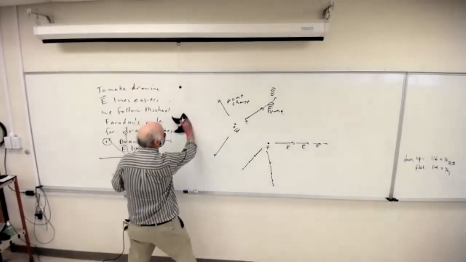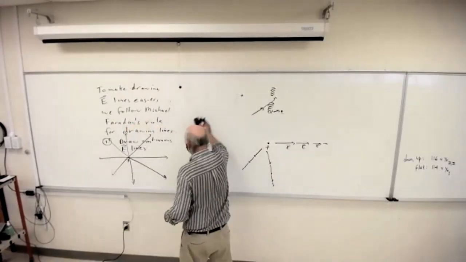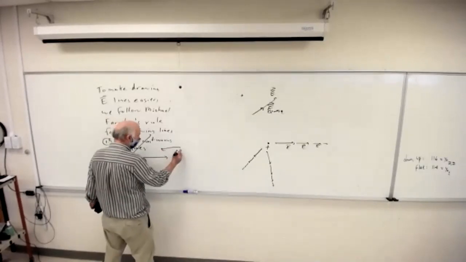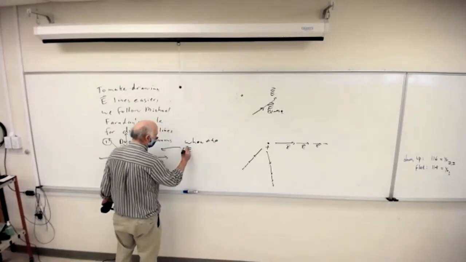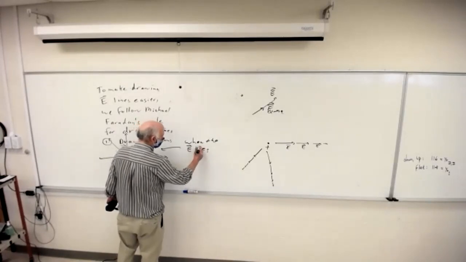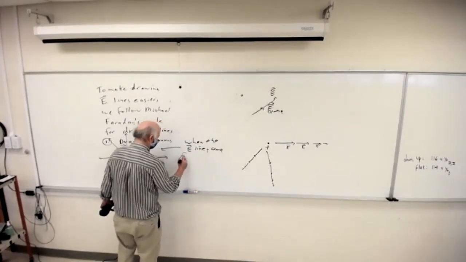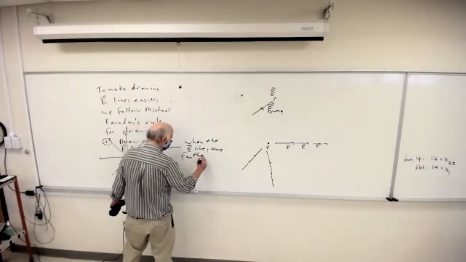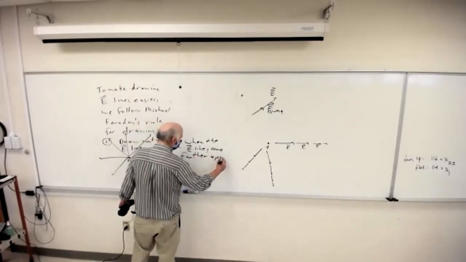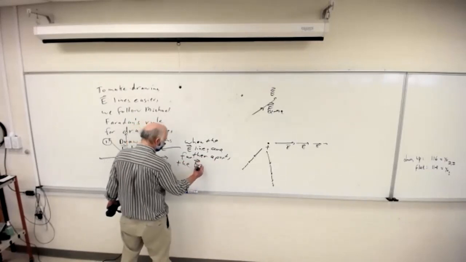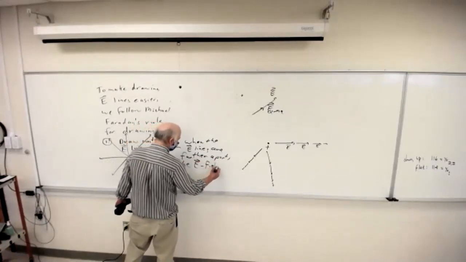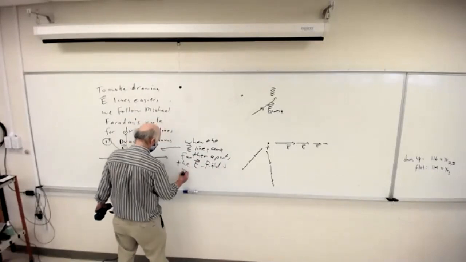So what happens here is that when the lines are further apart, the E field is weaker.